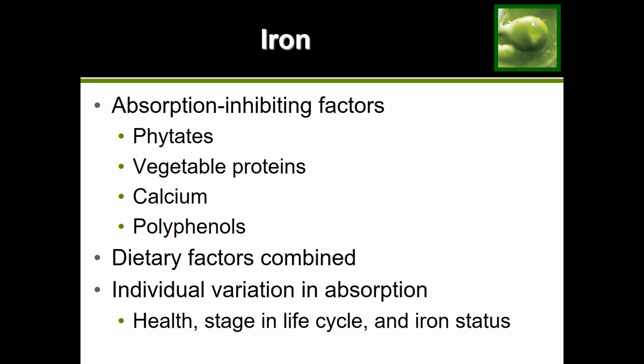So for the non-heme iron, certain things that can decrease the absorption are going to be primarily plant foods and grains, especially things that are usually used as replacement for protein, your plant sources of protein. Those are going to be things like, for example, your beans, your legumes. Those are going to decrease the amount of iron that you are able to absorb from your iron source.